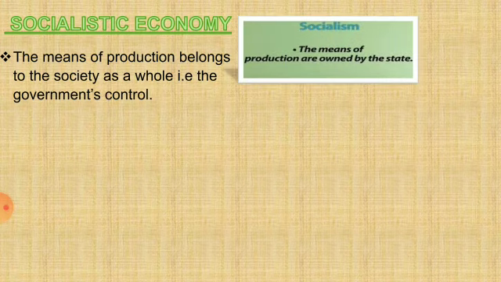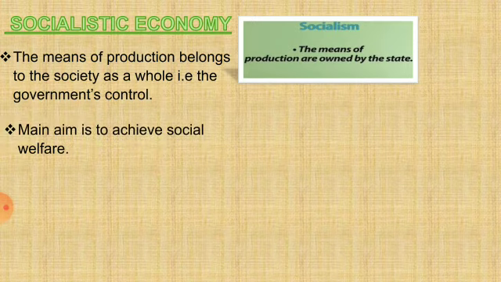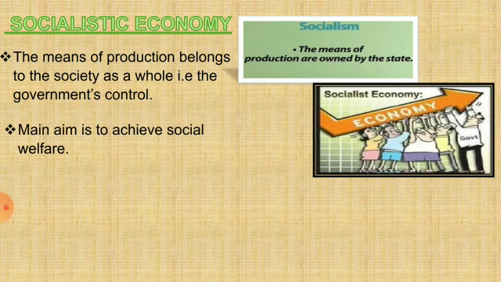The government is entirely in control of the production in socialistic type of economy, and everything is manufactured by the government, and the government takes into consideration the social welfare of the people. So whatever is produced, he will produce taking into consideration the welfare of his people.